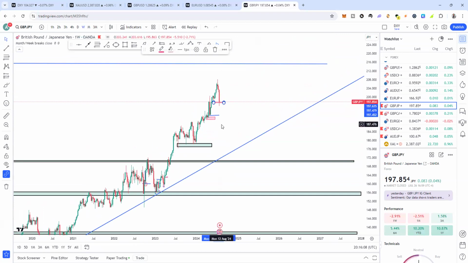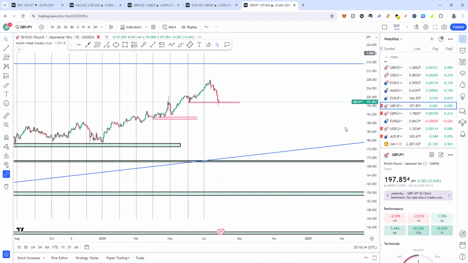I am expecting it to push further down. If this support is violated, the next support is around 190, between 189 and 190, where we are going to have price test to see if it's going to hold. But right now we are still sitting on 197. If this is taken out, another zone is around 189.